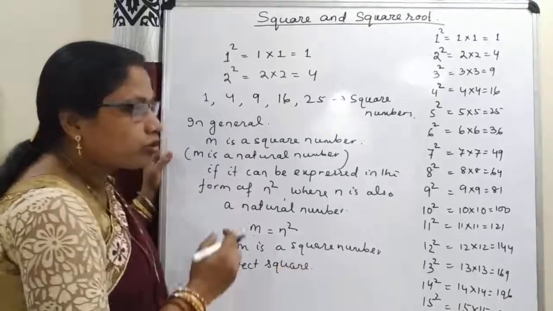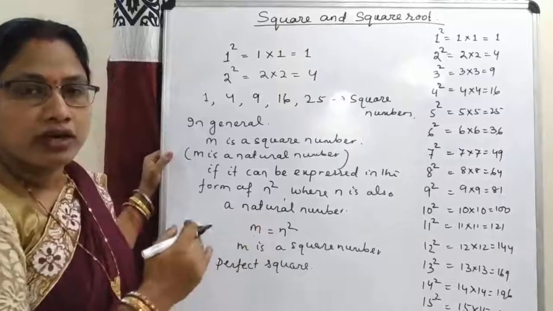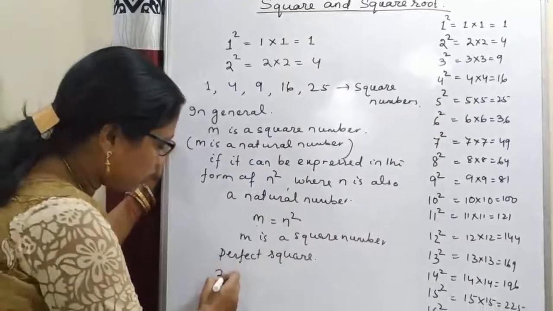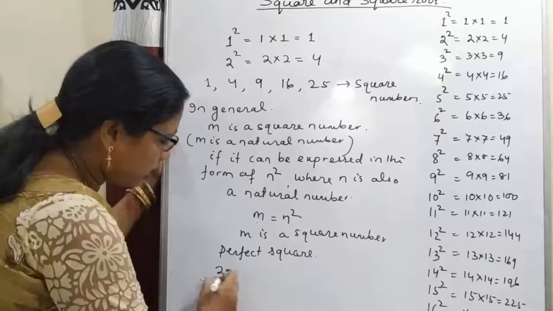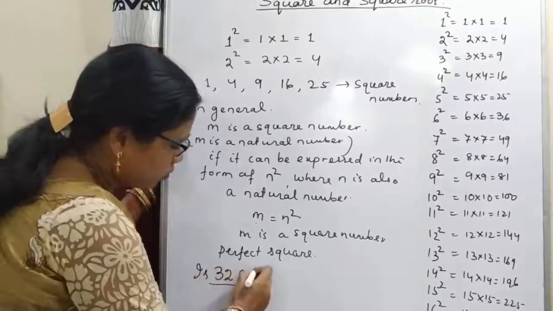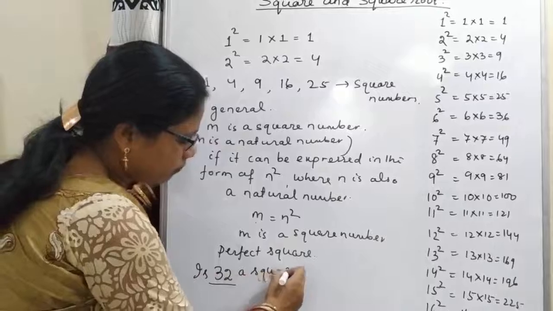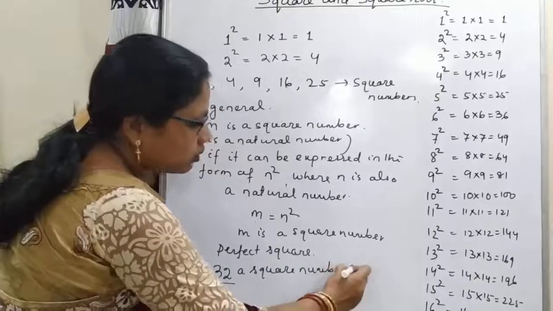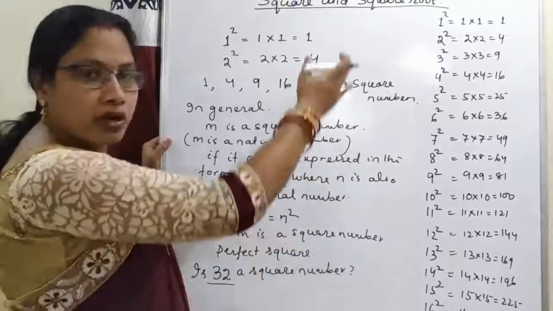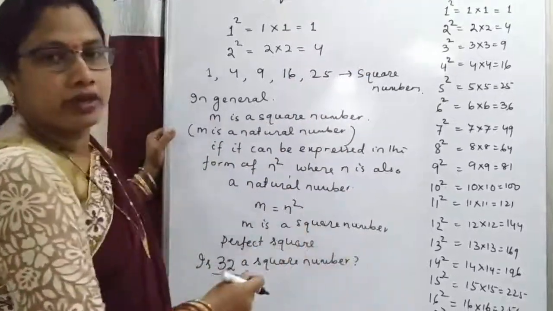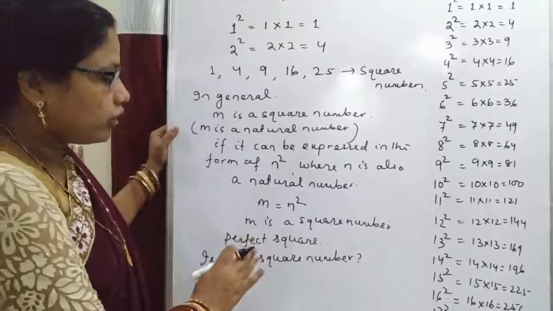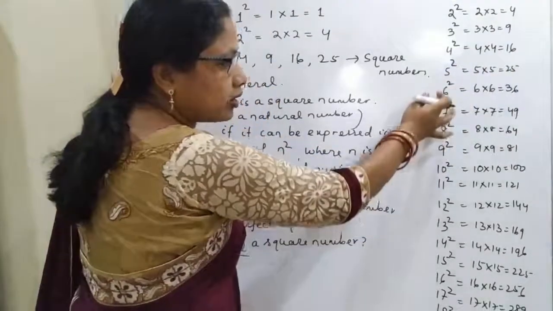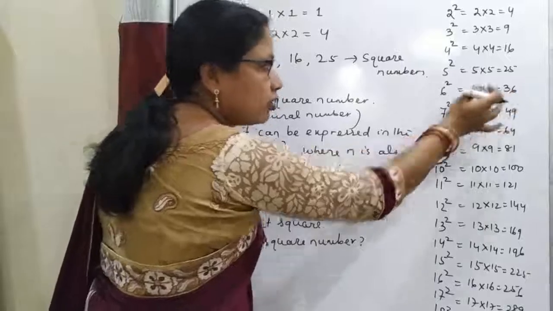So how to test whether a number is a square number or not? For example, 32. Is 32 a square number? We have to remember the squares of the natural numbers 1 to 20. Here we know that the square of 5 is 25 and the square of 6 is 36.